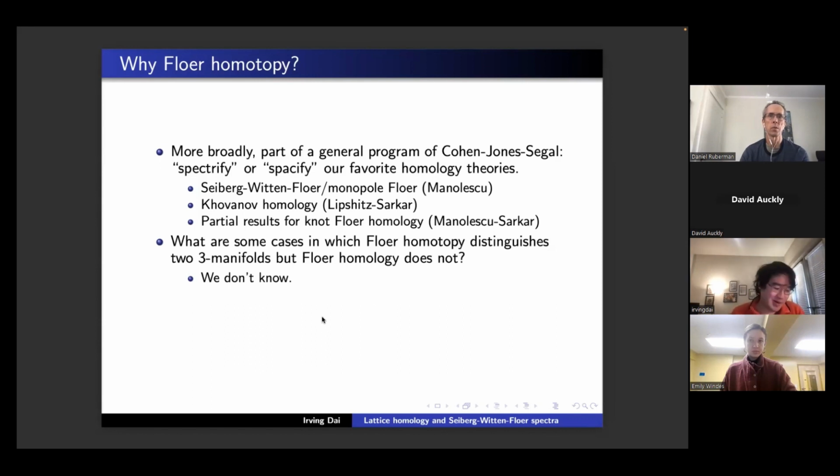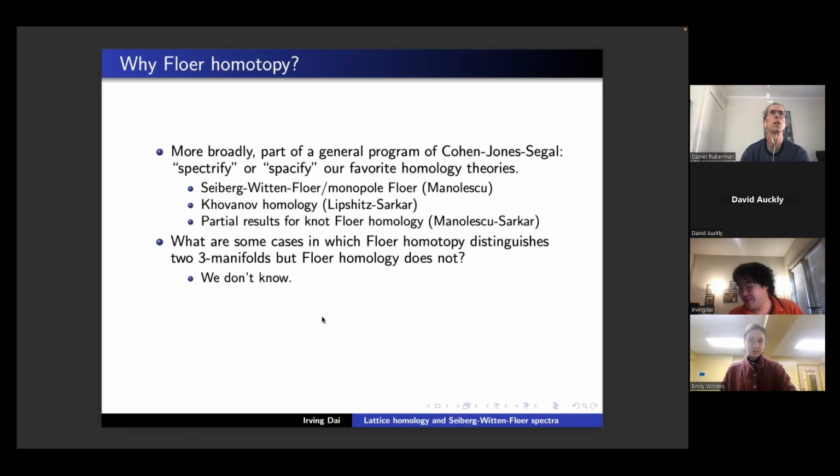So is there a case in which I have two three-manifolds which have the same, let's say, monopole Floer homology, but different Seiberg-Witten-Floer homotopy type? And there are no current examples, at least in rational homology spheres, I think. I think actually amongst any examples, there are no current examples which are known.